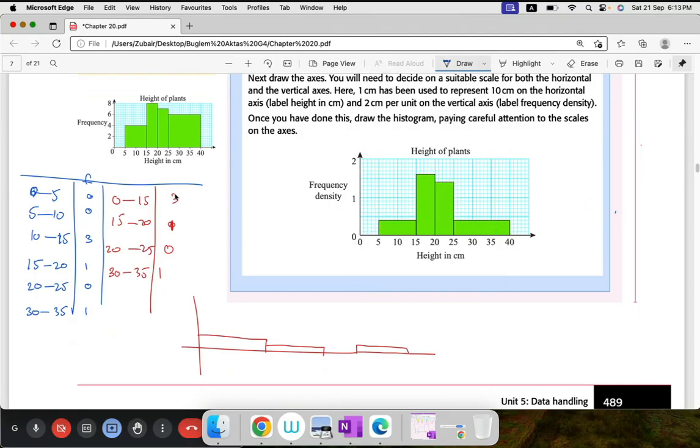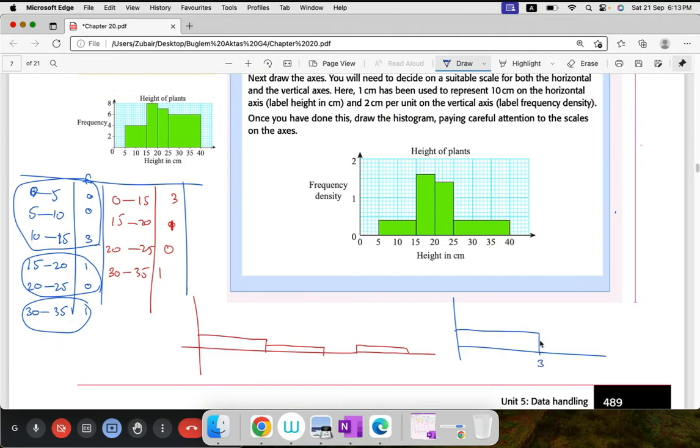Now if I do this, I combine these three, then I combine these two, and the last one. So class width prevents breaks from happening in a histogram, basically. So we may have this one. No, the first one is 3 times, the second one is actually double, and the third one is this much width. So this is 3 height, then 1 height, and 1 height.